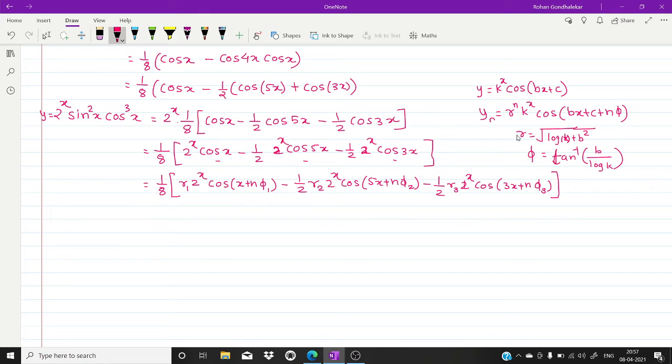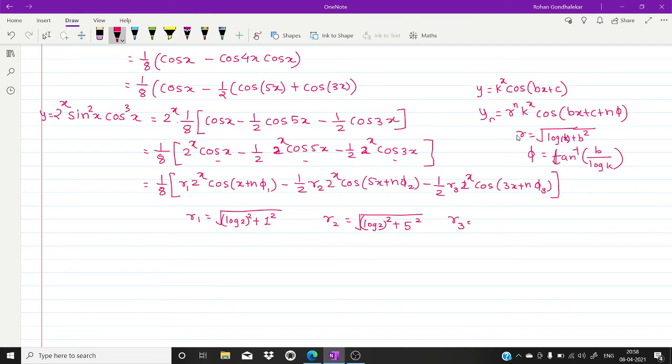Now what is R1, R2 and R3? That we have to mention. Here R1 is equal to square root of log 2 square plus b square, since in each term we have 2 raised to x, so log 2 as it is. In the first term, b is 1. In R2, again log 2 is the same, so log 2 square plus 5 square.